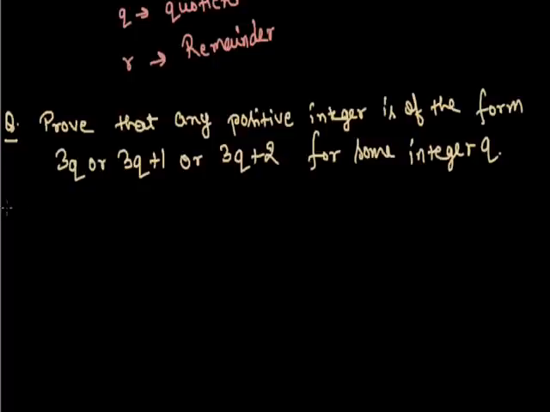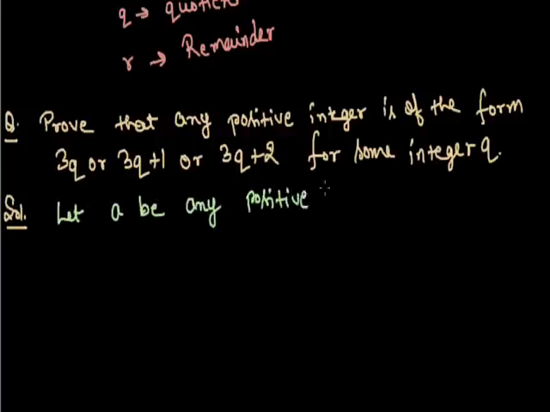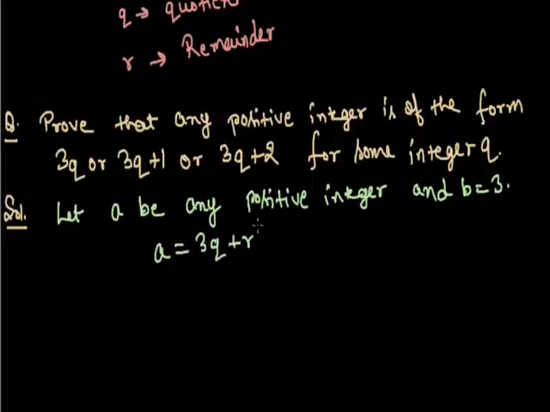Now solution: let a be any positive integer and b equal to 3. So a is equal to 3q plus r.